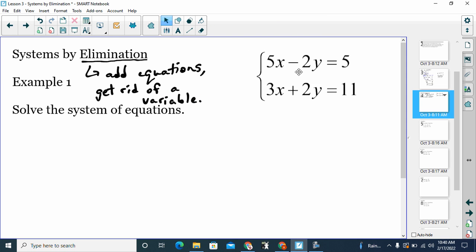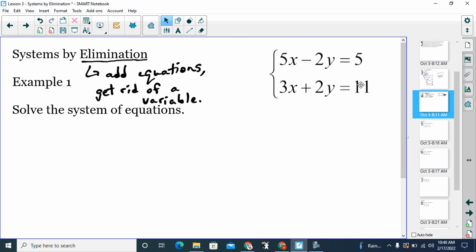This problem is set up nicely for us because if I add the equations as they're written, notice right here I have minus 2y, and right here I have plus 2y. So if I add the equations together, negative 2y plus 2y cancels out, which works out great. So we can go ahead and add the equations together right away.